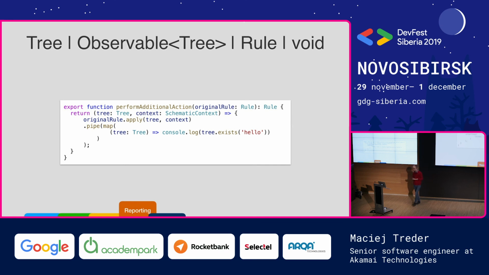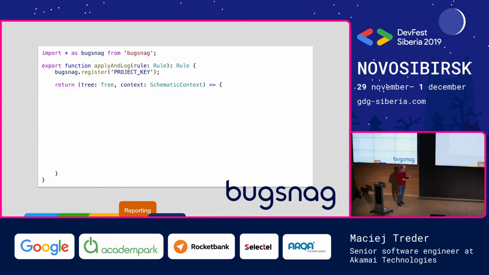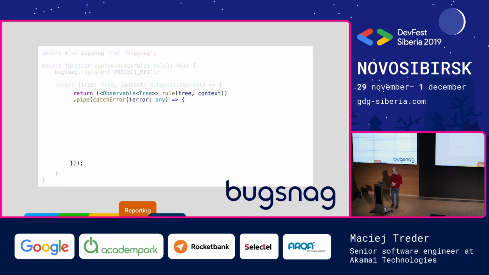And here we are going to make use of the observable, because thanks to that, we can create a helper function which will apply some side effects based on whether the rule passed or not. So first, in my helper function, I am going to take the rule as a parameter.